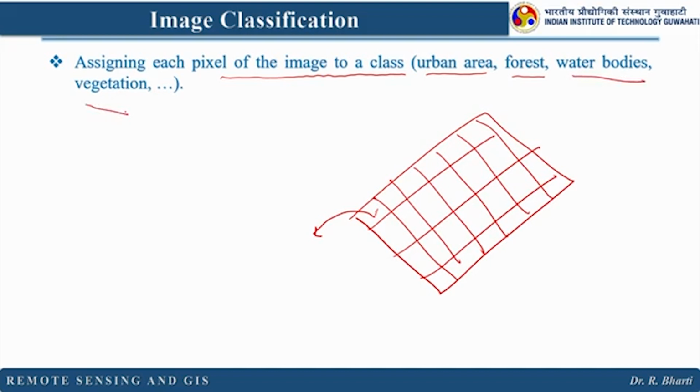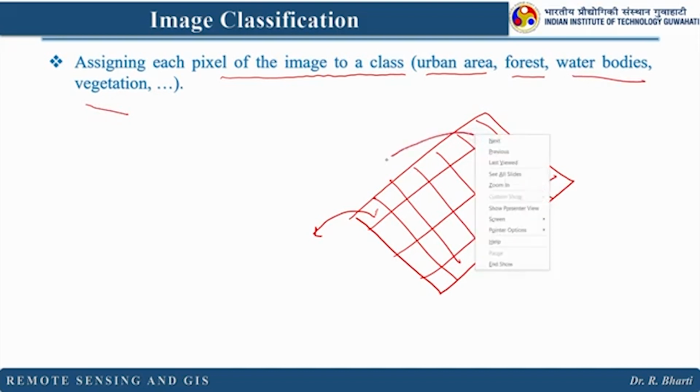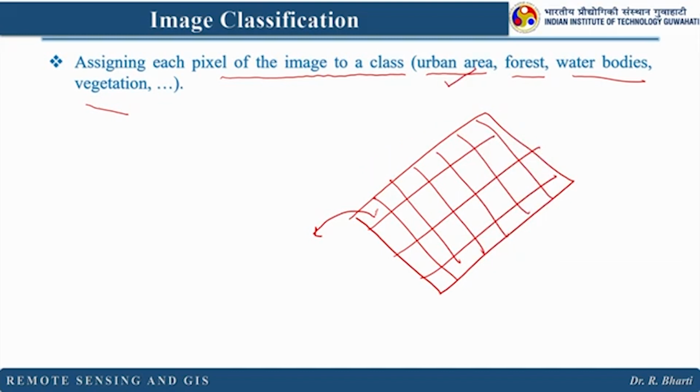So we want to locate which pixel belongs to urban area, which pixel belongs to forest, which pixel belongs to water body and which pixel belongs to vegetation.